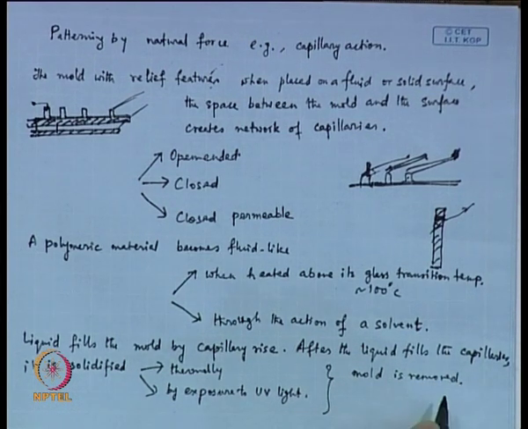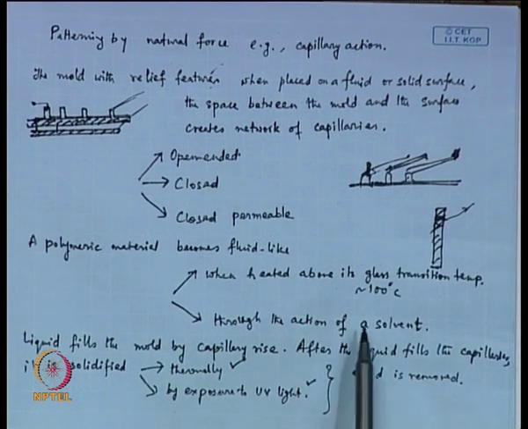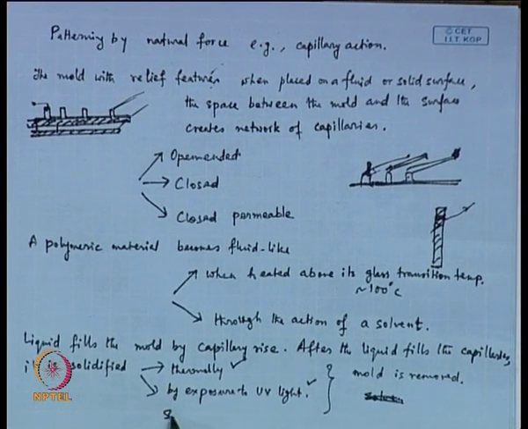So, you have a choice of thermally doing it, that means cooling it basically, or by exposure to UV light if the polymerization is completed by UV light, or if you have dissolved the polymer in a solvent, then you have to make sure that the solvent is evaporated. That is probably the third choice you have.